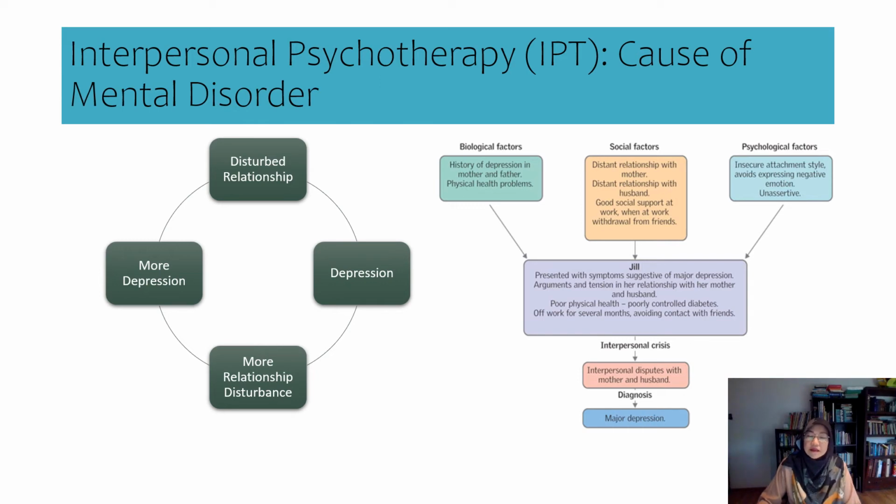And the combination of these three things can lead to an interpersonal crisis. We look at the example of Jill, for example, where an interpersonal crisis can lead to an interpersonal dispute with mother and husband, and if we do not treat this, it can cause major depression.